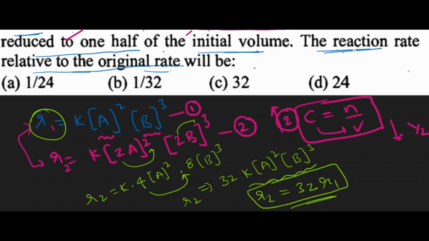So the reaction rate relative to the original rate, that means the ratio R2 by R1, which they are asking, will be 32, and hence the option will be C. Clear?